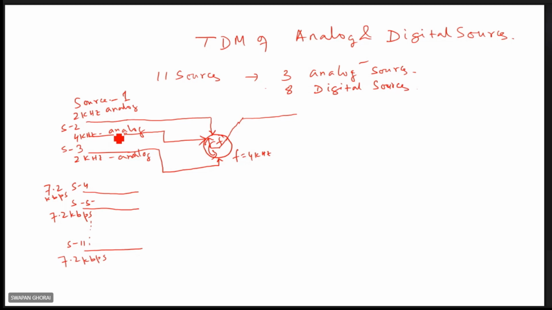And these 4 samples are interleaved: 1 sample from this one, 1 sample from this one, and 2 samples from source 2. So there will be 4 samples.